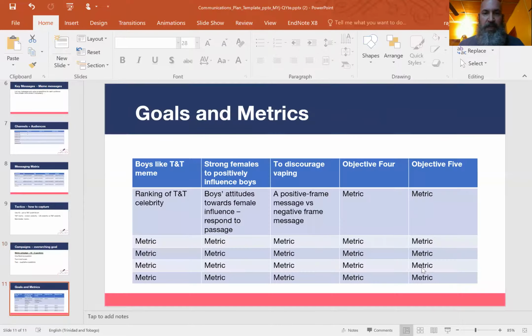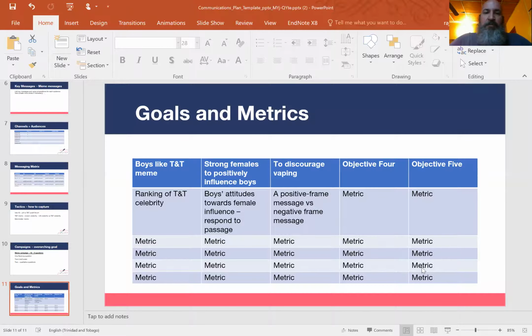And here I've said what my goals are and what my metrics are. My goal is to find if boys like the TNT meme more, and I'm asserting that they will, and we will test this by ranking whether they put the Machel Montano meme higher than the others.